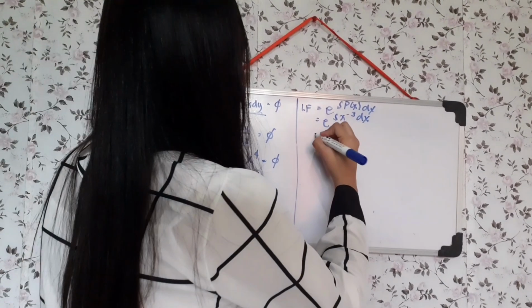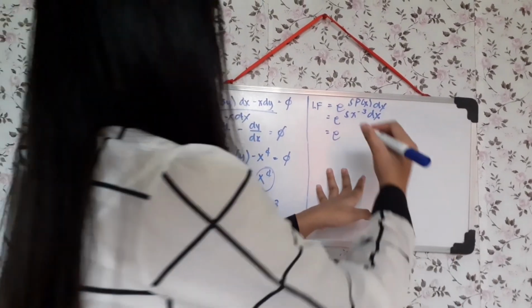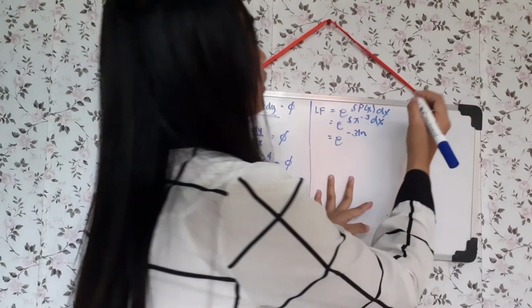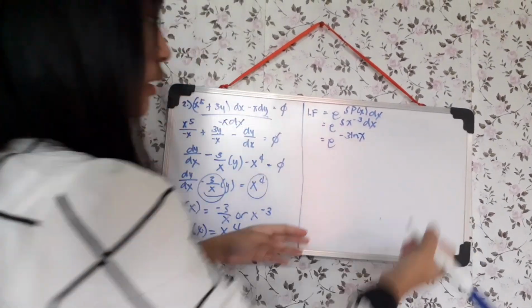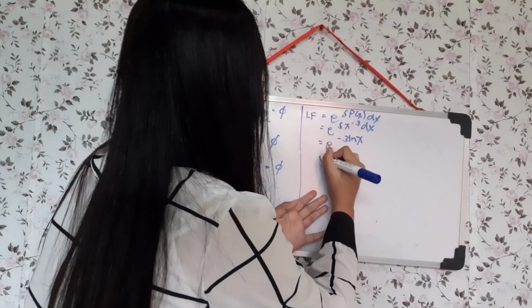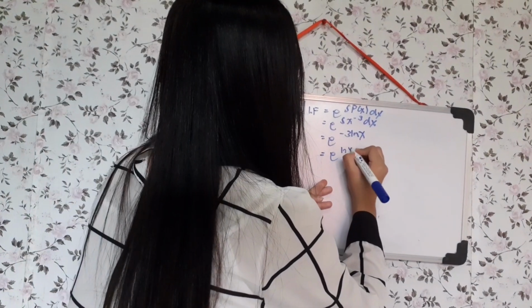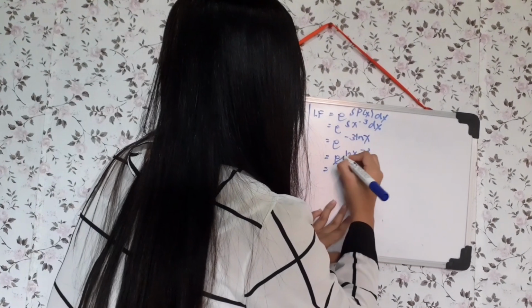So we have e raised to negative 3 ln x, which equals e raised to ln x to the negative 3. Then cancel.